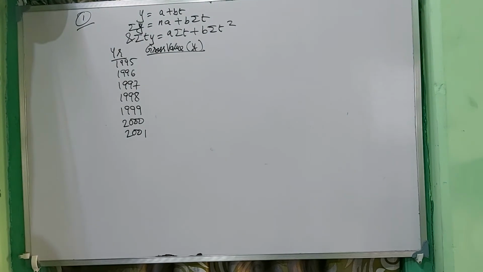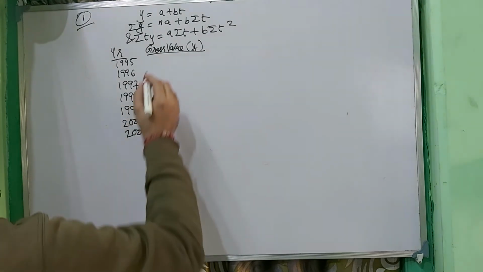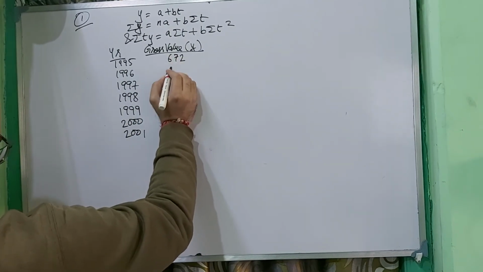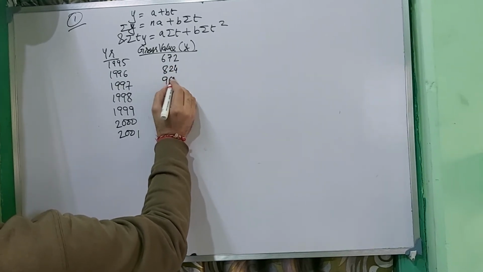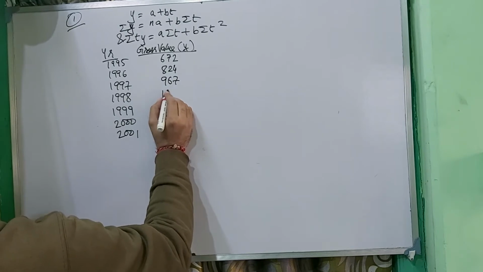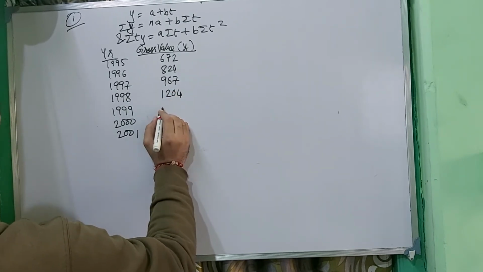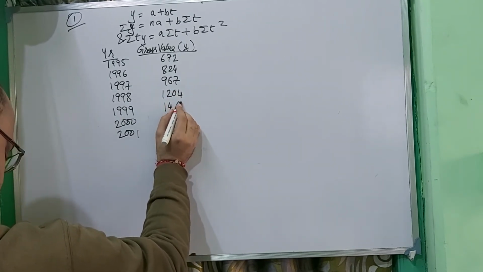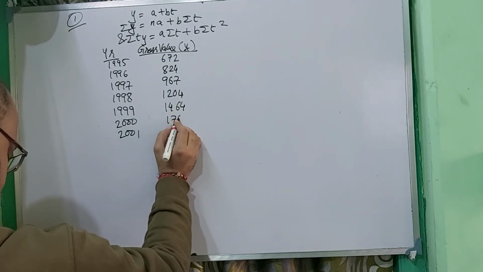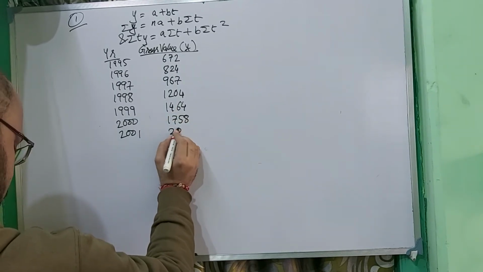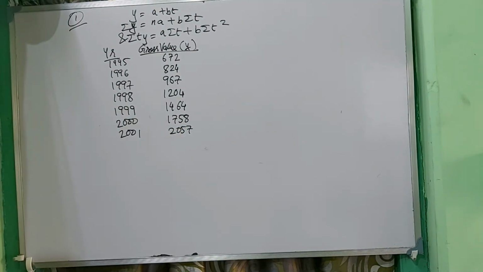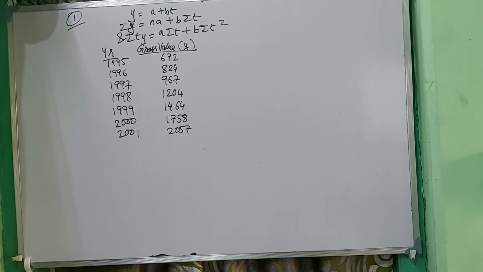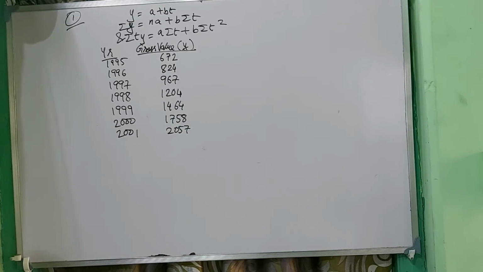And the values given are 672, 824, 967, 1204, 1464, 1758 and 2057.